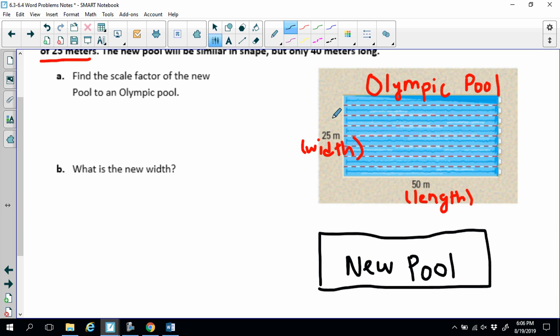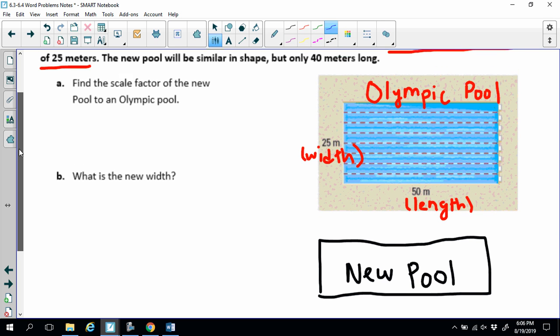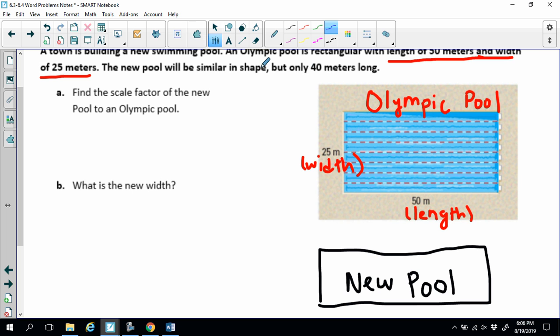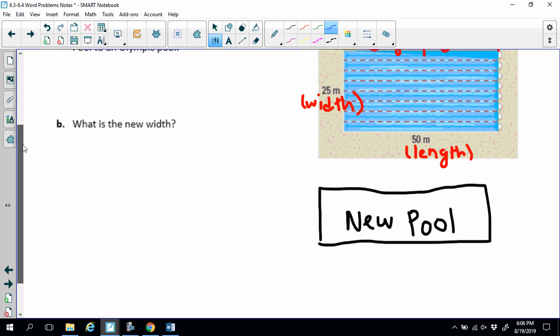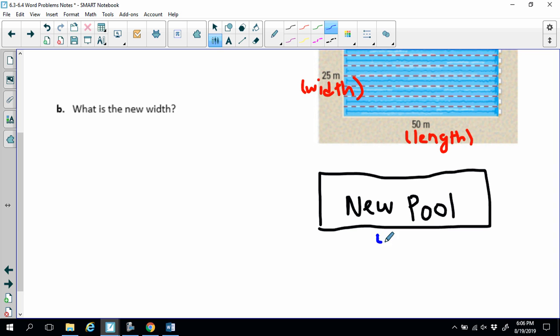Now they do say that the new pool will have a similar shape, so rectangular, but it's only 40 meters long. So that means long is our length. So I'm going to put that here, so 40 meters, and in parentheses say length.